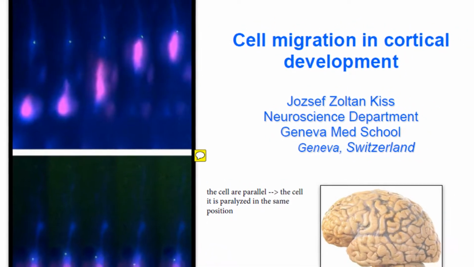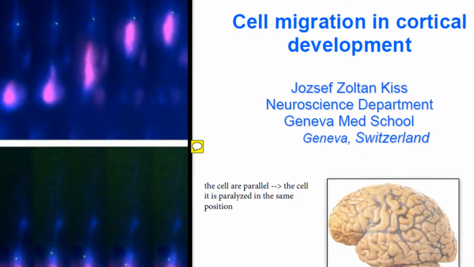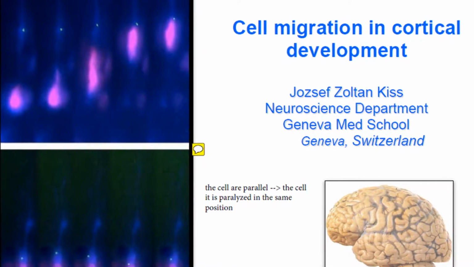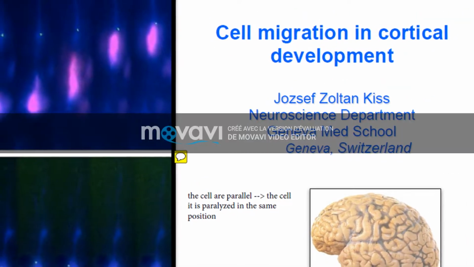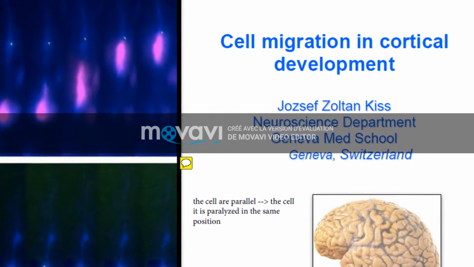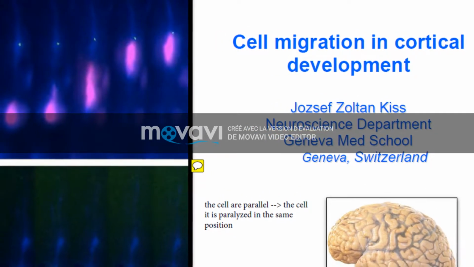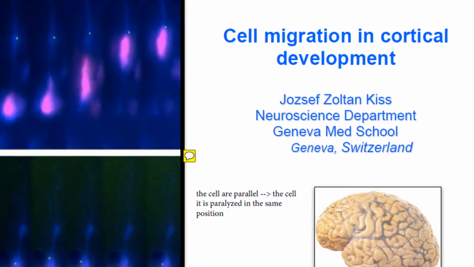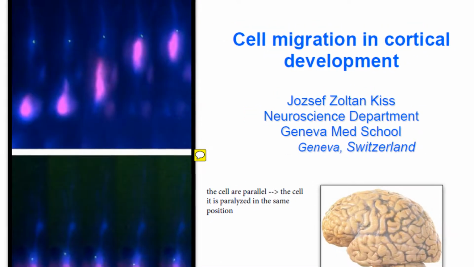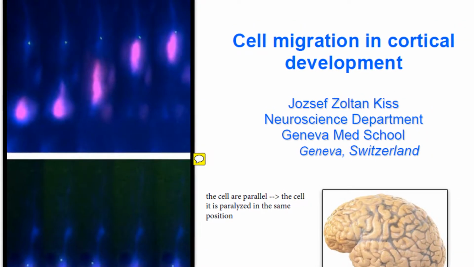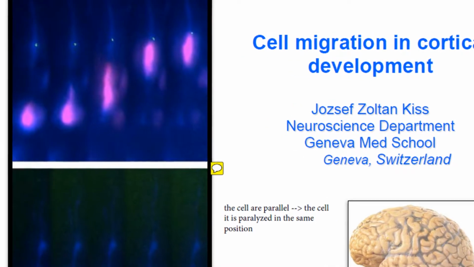Now, a few words. You learned in the first part of my talk that migration is an important process. There is also machinery. The most important is cell adhesion, and indeed, these migrating cells are sticking to the process of radial glia, so they're climbing up. Adhesion is a very important event.